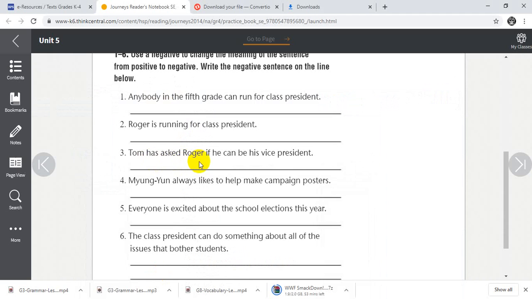Tom has asked Roger if he can be his vice president. We can say Tom never asked Roger if he can be his vice president. Okay? Or Tom hasn't asked Roger if he can be his vice president.